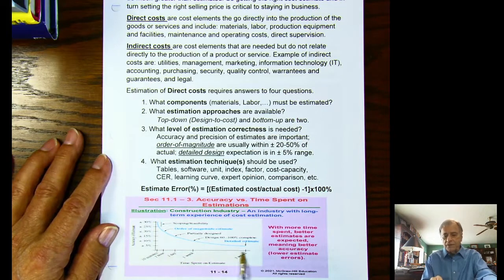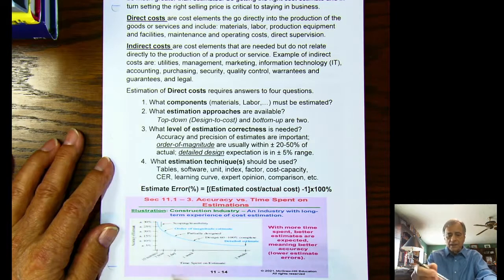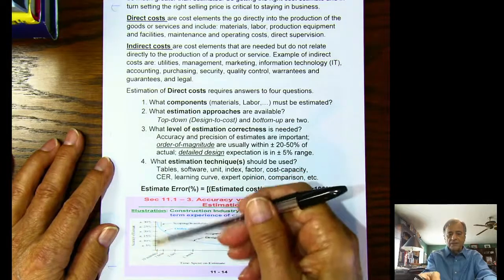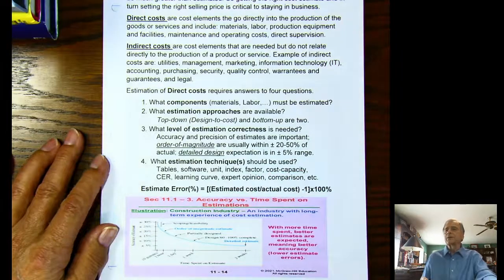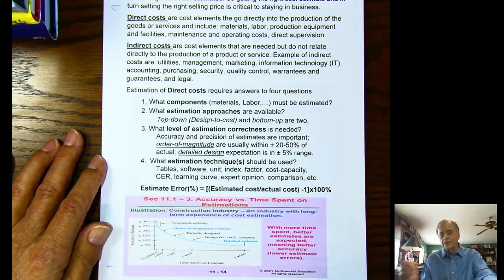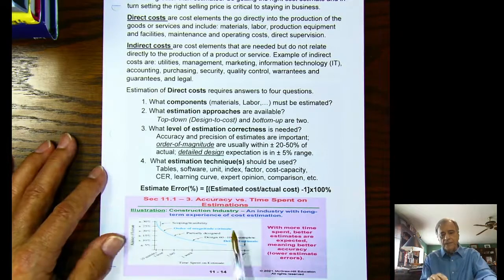If you get very sophisticated and spend a lot of time and effort, you may get more accurate. The level of accuracy is increasing as the error level on the vertical axis decreases as the time and effort increases. So that's just kind of logical.